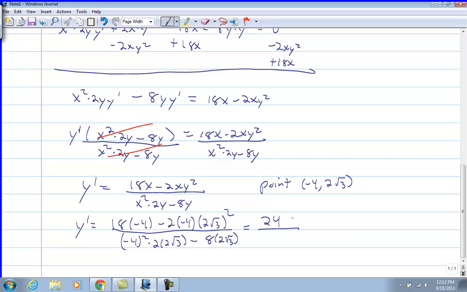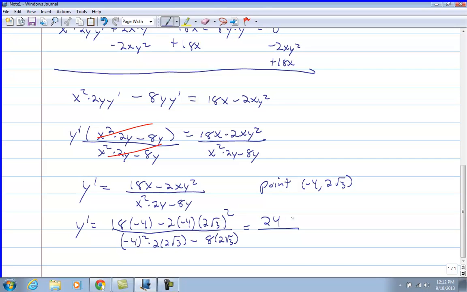In the denominator we have negative 4 squared, that's 16, times 2 times 2 times the square root of 3, minus 8 times 2 times the square root of 3.